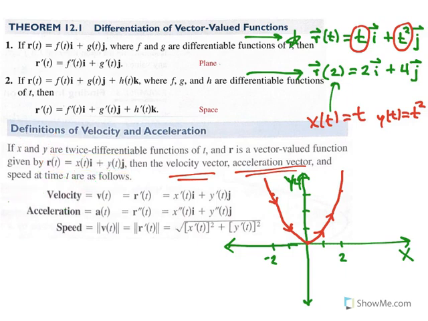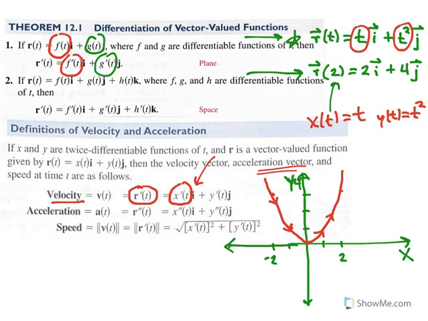So let's take a look at these definitions. It's simply stating what we'd already discussed, that the velocity is the derivative of the position vector. And how do you find the derivative of a vector-valued function? You're going to differentiate on a component-by-component basis. So you're going to find the derivative of the x component of the position function, multiply by the standard unit vector i, and add to that the derivative of the y component of the position function, multiplied by the standard unit vector j.